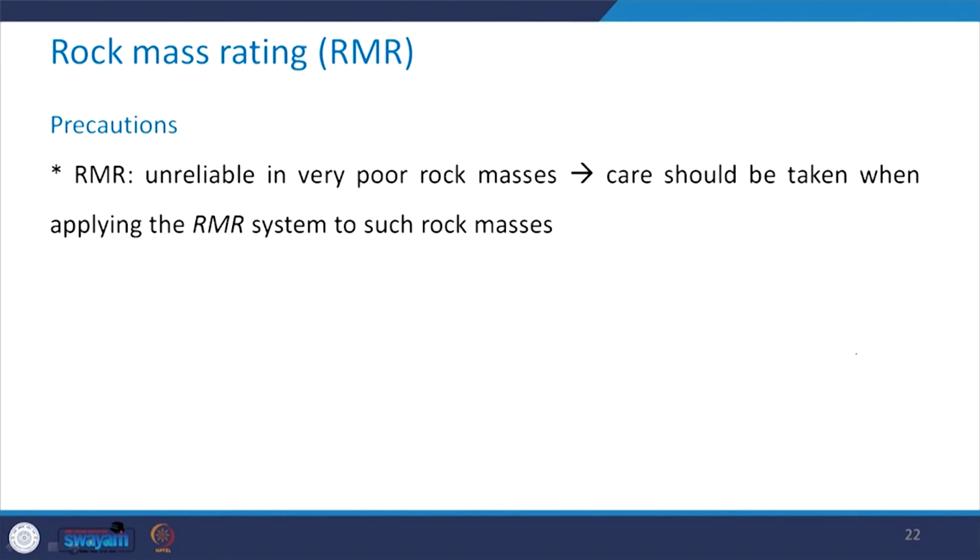We should use our engineering judgment when we apply this system to poor rock masses, because the conditions for which this system was developed were sedimentary rocks and shallow tunnels, and those rocks for which it was developed were not of very poor quality. So, we have to be careful when we apply this RMR system to very poor rock masses.